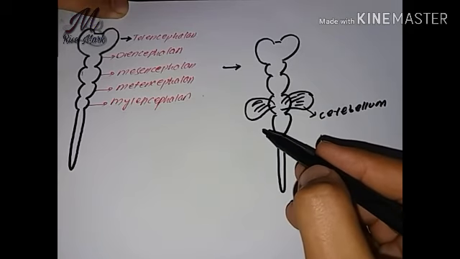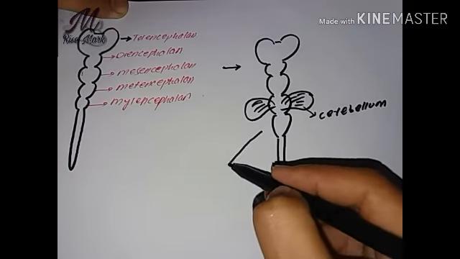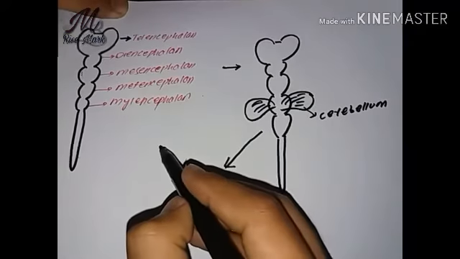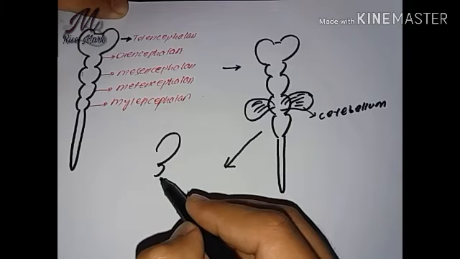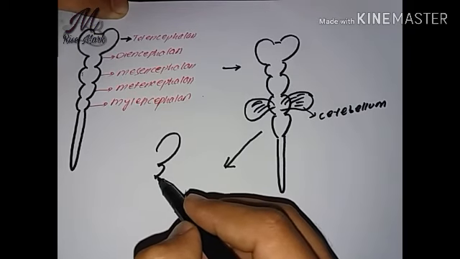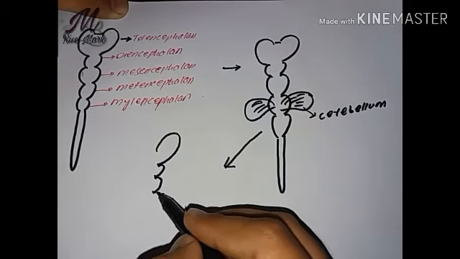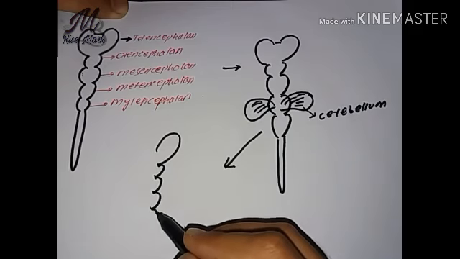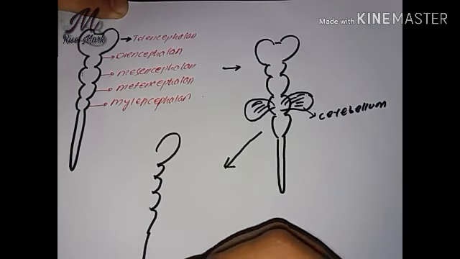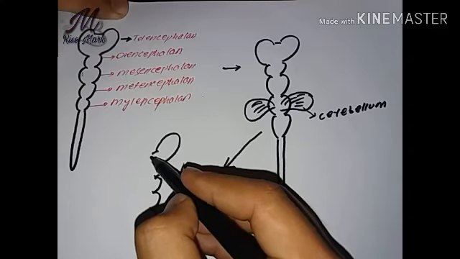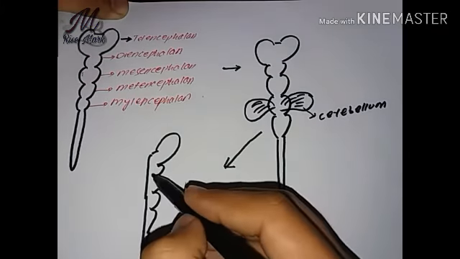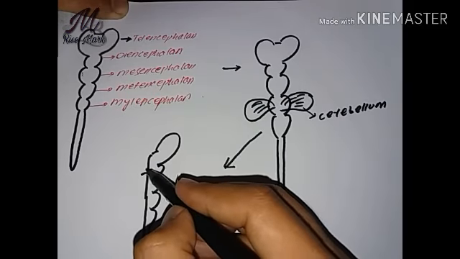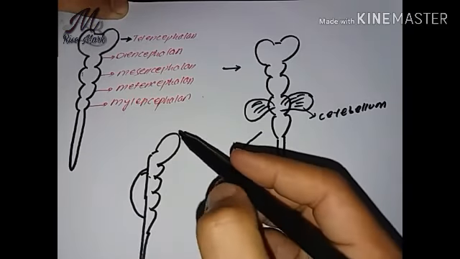If we see the structure of the brain from the side view, you will see something like this. This is the telencephalon, and a small structure is the diencephalon. Then we can see the mesencephalon, metencephalon, myelencephalon, and then the spinal cord. And of course here is the cerebellum.